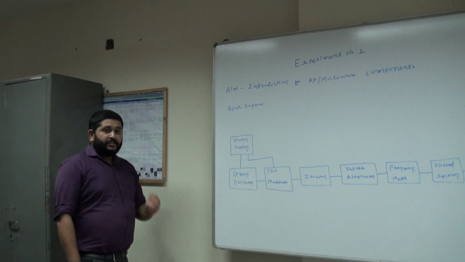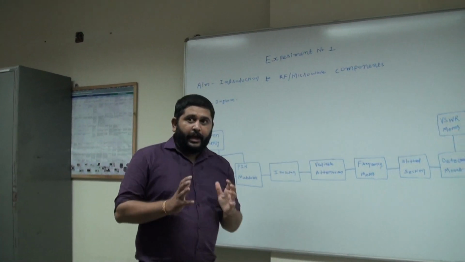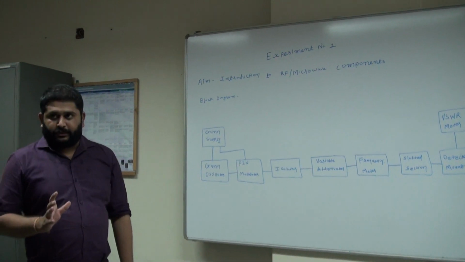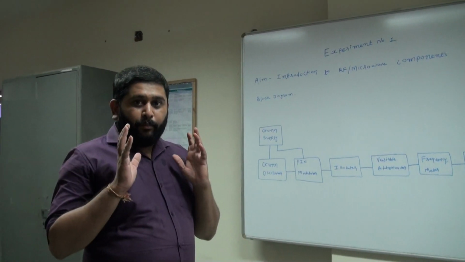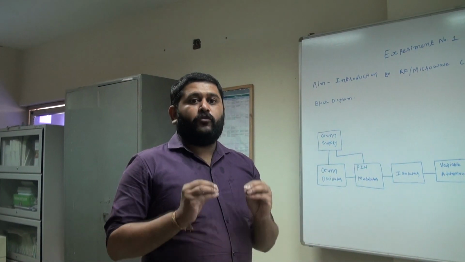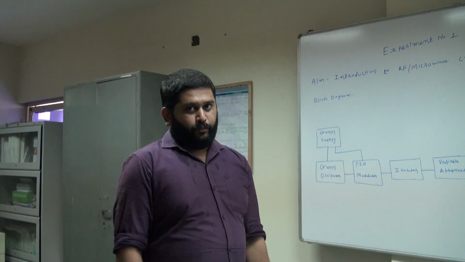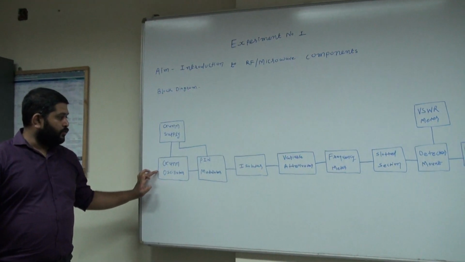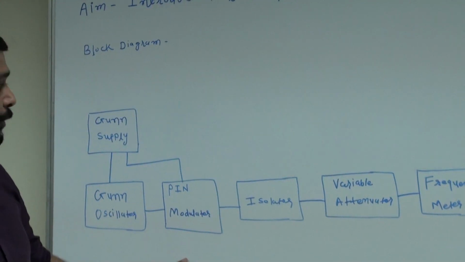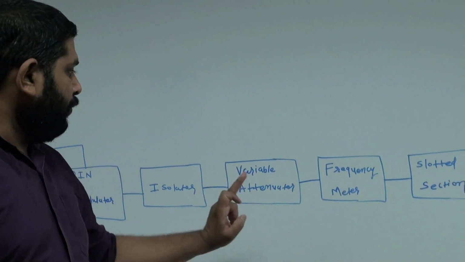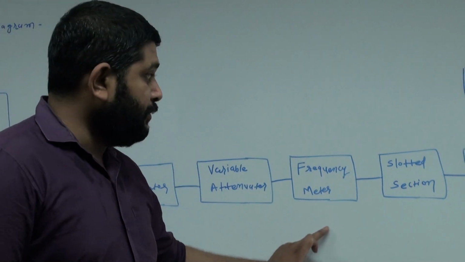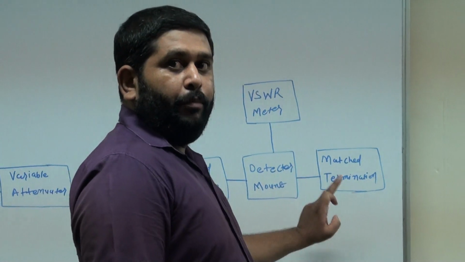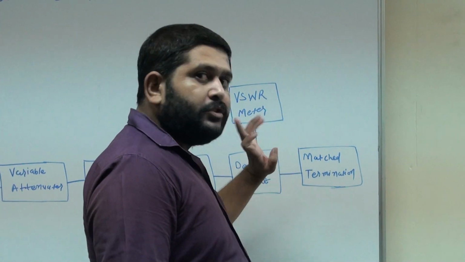In this experiment we have a microwave test bench, and the microwave test bench consists of different RF and microwave components such as gunn supply, gunn oscillator, pin modulator, isolator, variable attenuator, frequency meter, slotted section, detector mount, match termination, and VSWR meter.